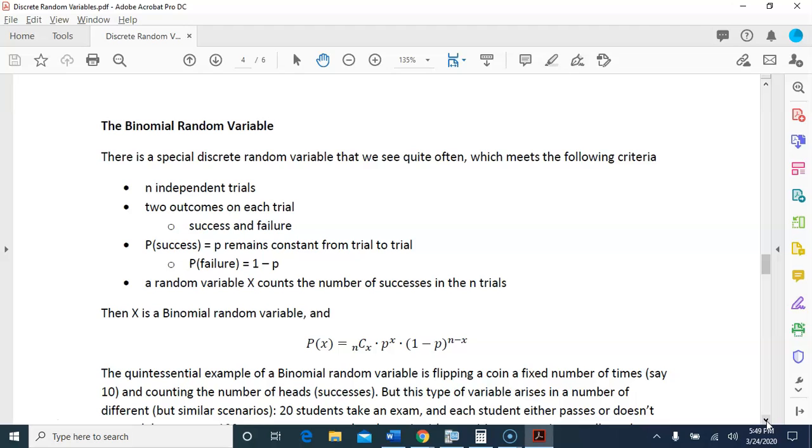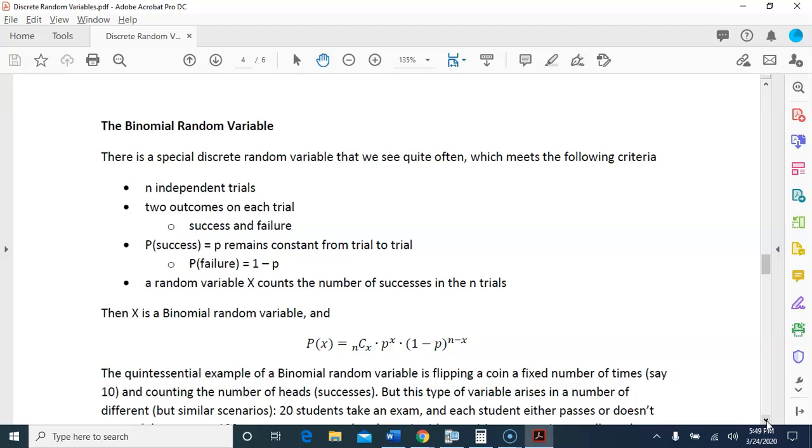The probability of success, which we indicate with a lowercase p, remains constant from trial to trial. And also, since there's only two outcomes on each trial, the probability of failure is 1 minus p. And then we have a random variable x that's counting the number of successes in the n trials.